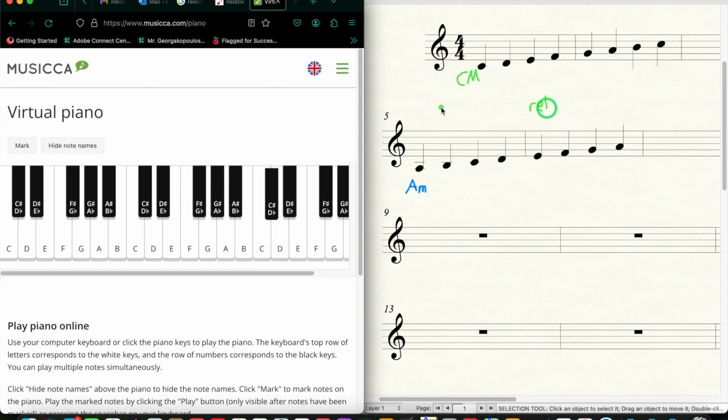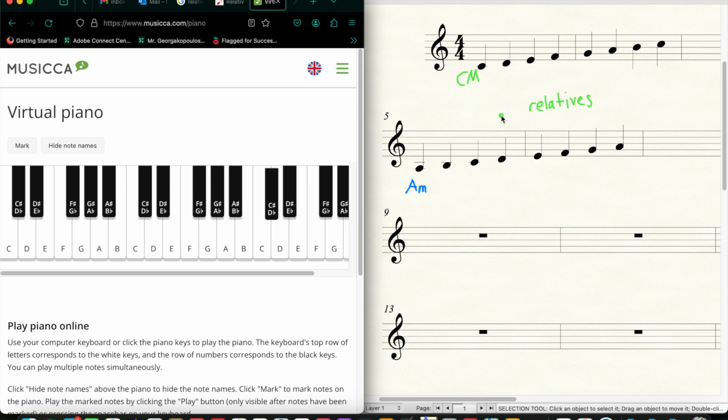Now, a relative pair consists of 2 scales that share the same key signature. Just to reiterate, C major and A minor are relatives because they have the same key signature.